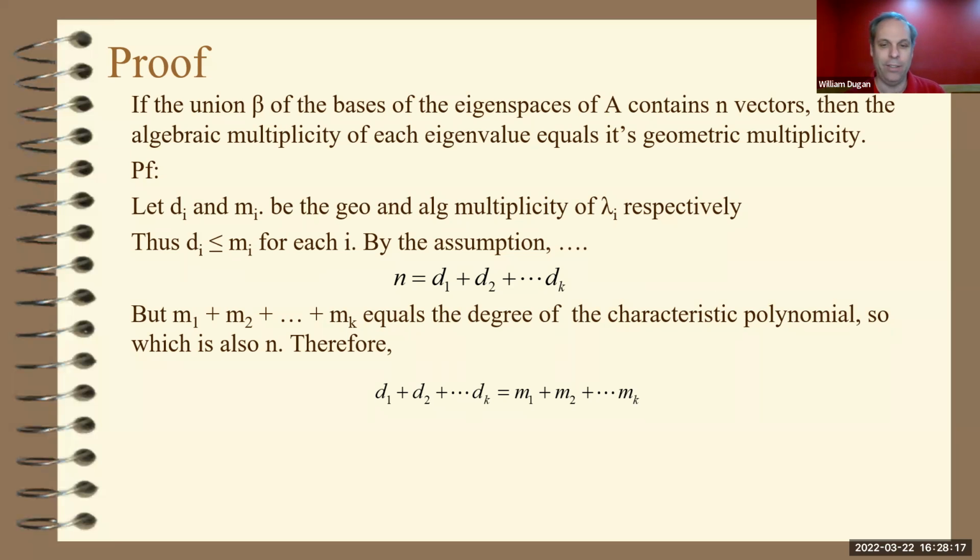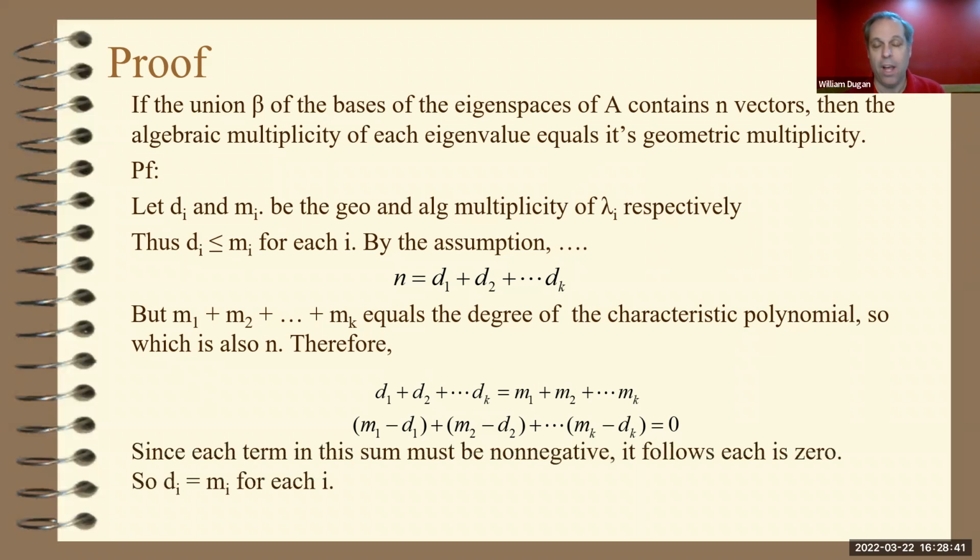What I want you to do now is subtract things. Subtract d1 on both sides, d2 on both sides, and so on. By collecting terms, you get m1 minus d1 plus m2 minus d2 plus, and that keeps going until mk minus dk, and that has to equal 0.